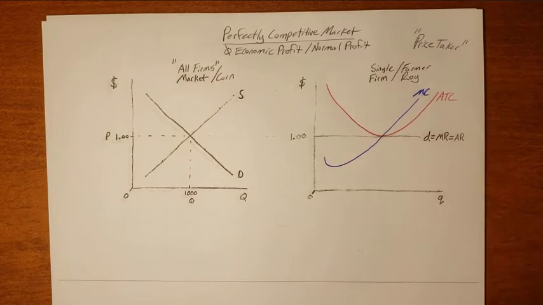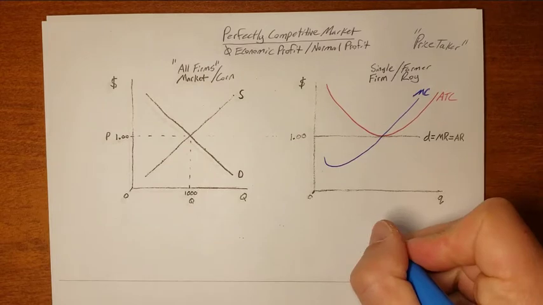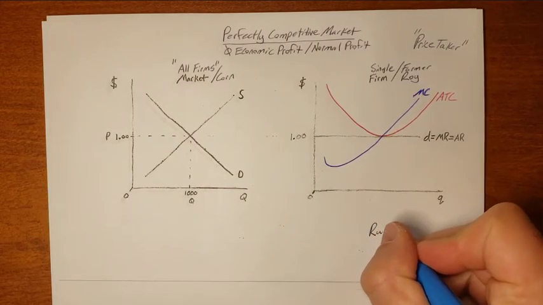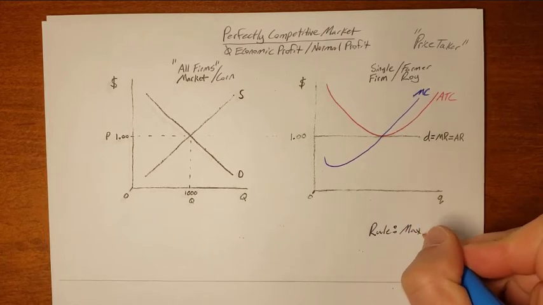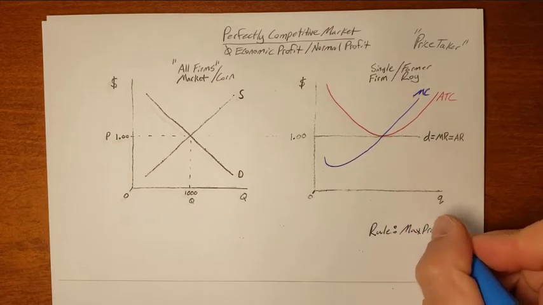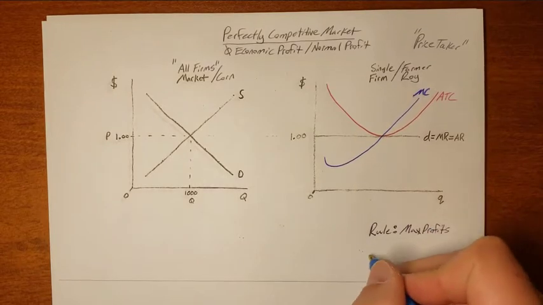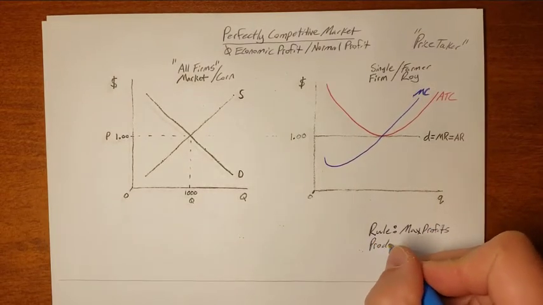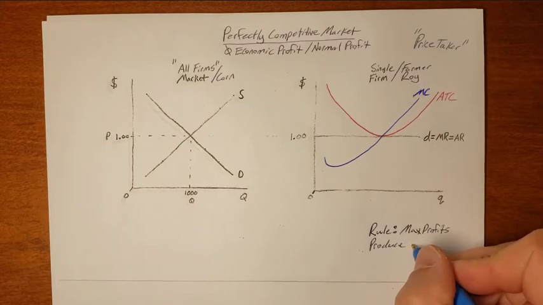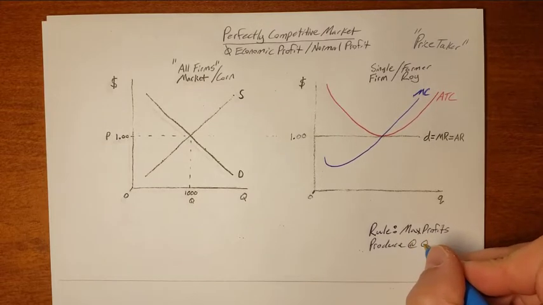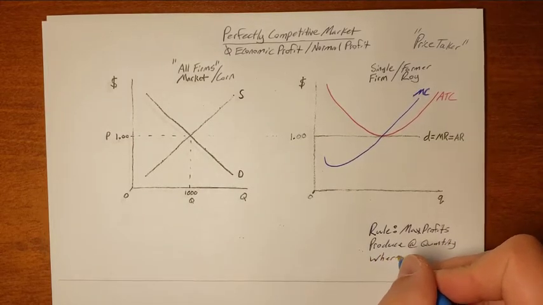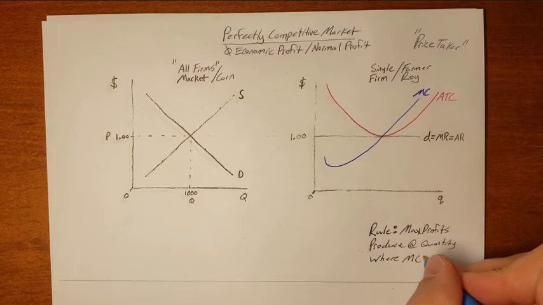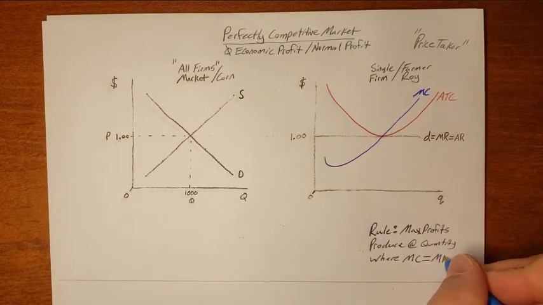The rule for maximizing profit is always the same for all firms. And that rule for maximizing profit is that you produce at the quantity where your marginal cost is equal to your marginal revenue.